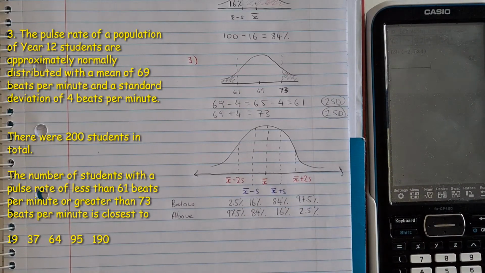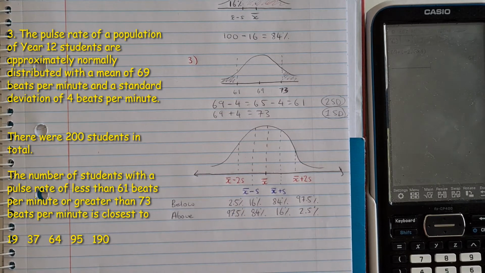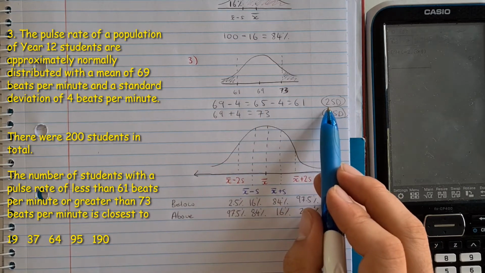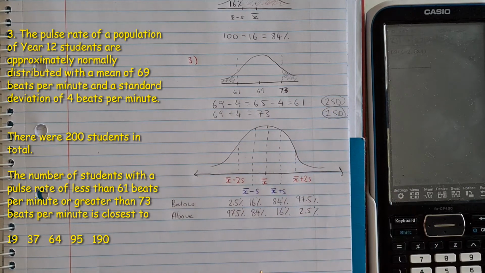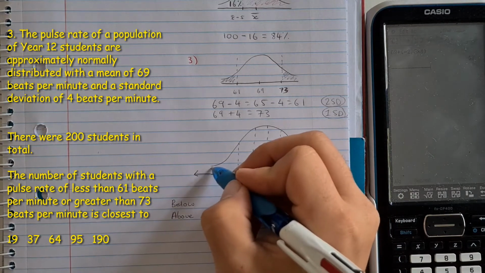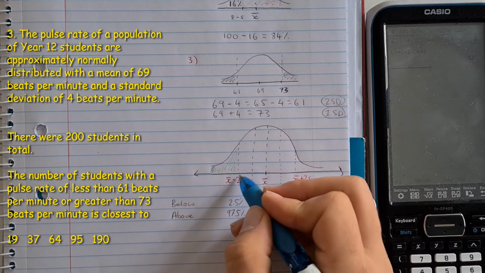Now in the chapter notes, we have a diagram that looks similar to this, which tells you the percentages below and above a certain point. So for example, we've got our point 61, which is 2 standard deviations below the mean, which is this point here. And we want to know what percentage lies below this point.